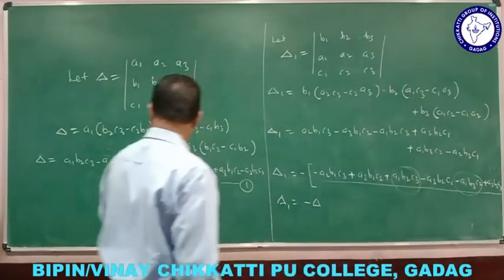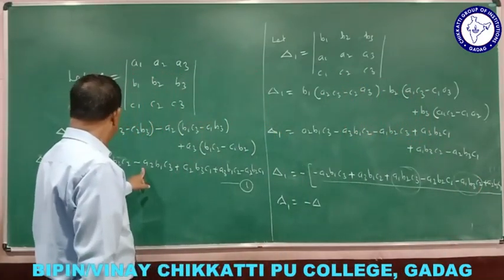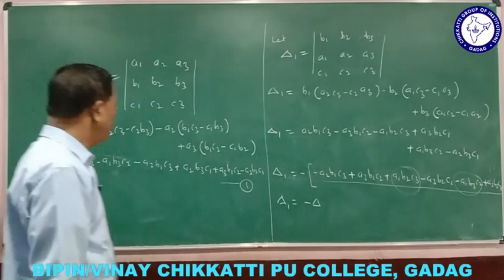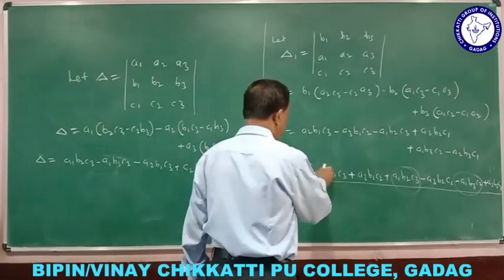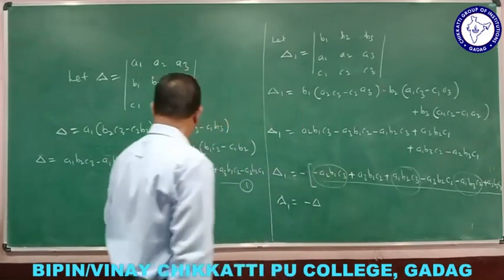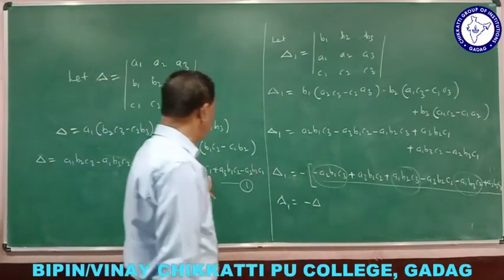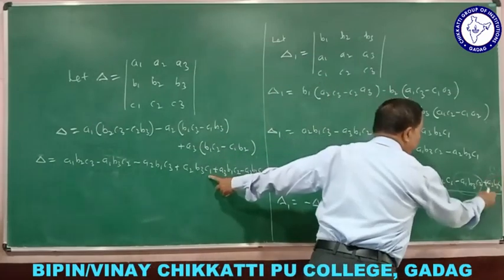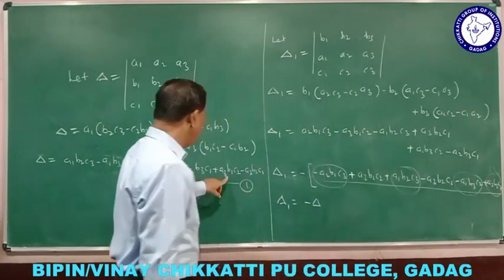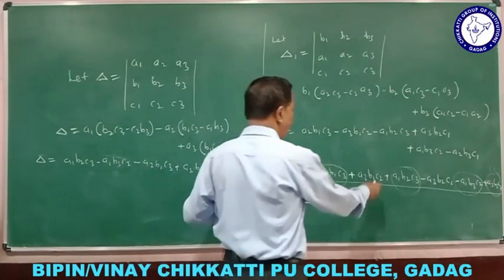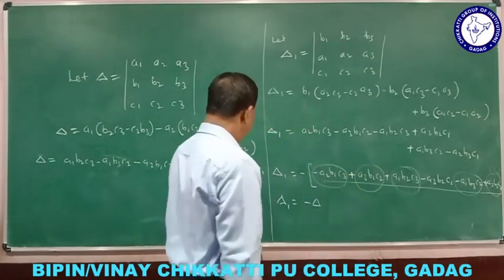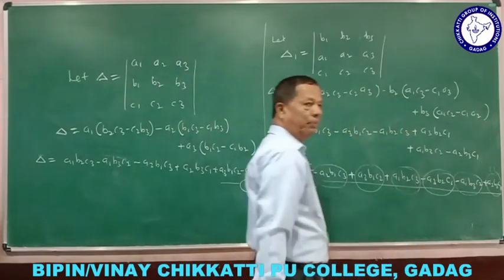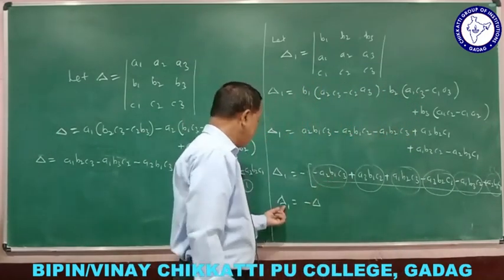Next, minus A2 B1 C3, plus A2 B3 C1, plus A3 B1 C2, and last, minus A3 B2 C1 is there. Ultimately this is the value of delta. So delta 1 equals minus delta.